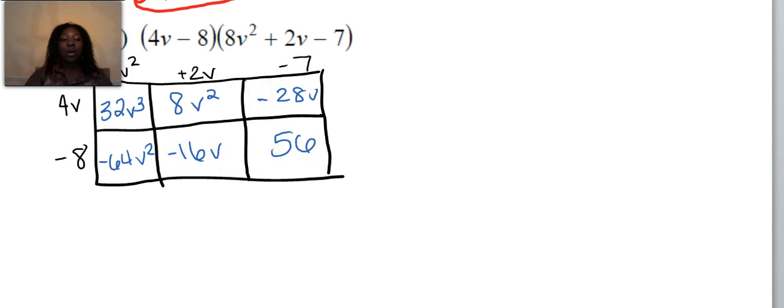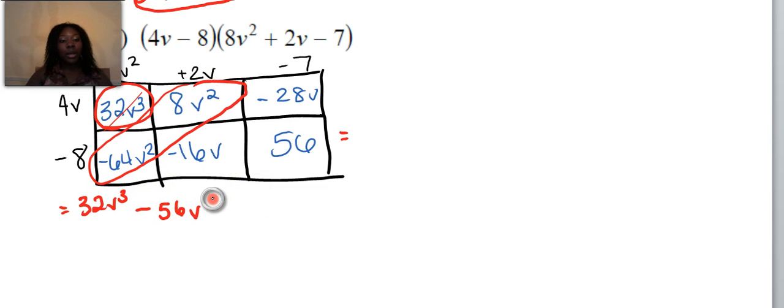Notice how the like terms are in diagonals, so across from each other like that. So 32b cubed is by itself. I'm going to write the answer here, 32b cubed. These two go together. Negative 64 minus 8, negative 56.